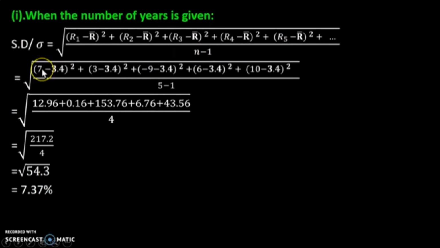Here R1 equals 7% minus R bar 3.4% whole square, plus second year return 3% minus 3.4% whole square, plus third year return negative 9% minus 3.4% whole square, plus fourth year return 6% minus 3.4% whole square, plus fifth year return 10% minus 3.4% whole square, divided by 5 minus 1, that means 4.